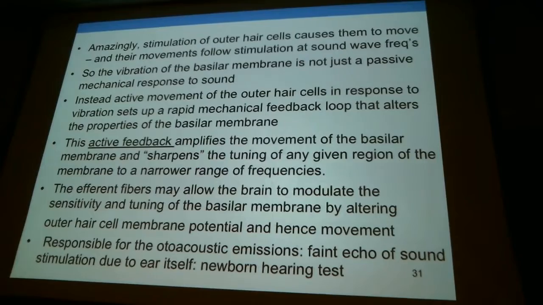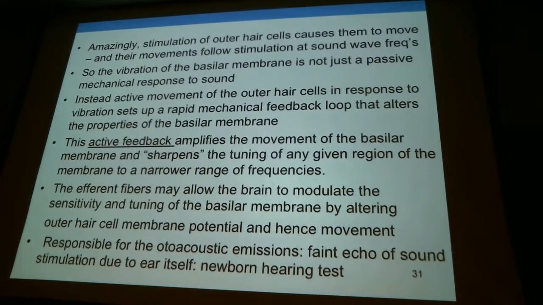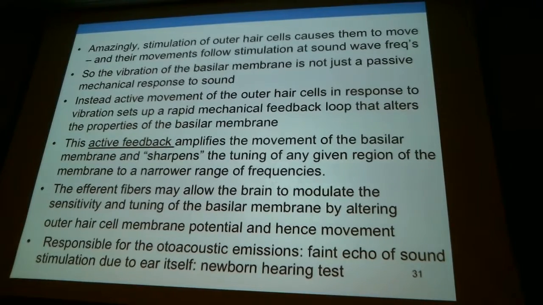By virtue of the fact that they're connected to the tectorial membrane, they are modifying the system at the same time. And it turns out that their movement is such that they provide an active feedback that amplifies the movement of the basilar membrane. And so they actually help sharpen the tuning of the basilar membrane to particular sound frequencies. It's a very cool system, but we're still trying to understand why it's happening.